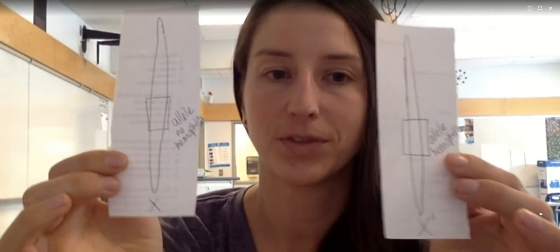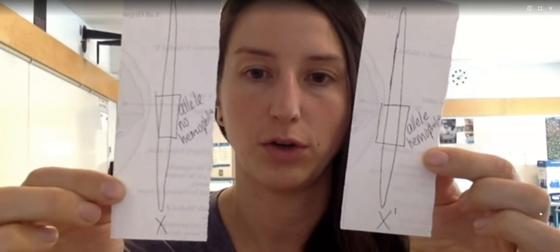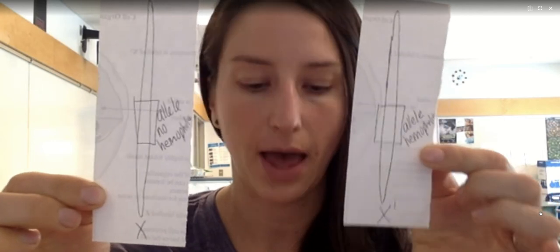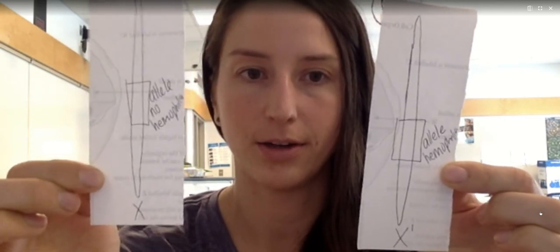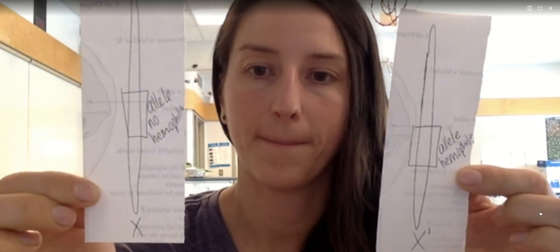Okay, so you're going to inherit two sex chromosomes. Okay, so these are my X's. I'm going to say that you've inherited two X chromosomes. So X, just the regular one, has an allele for no hemophilia on it. This one's X prime.